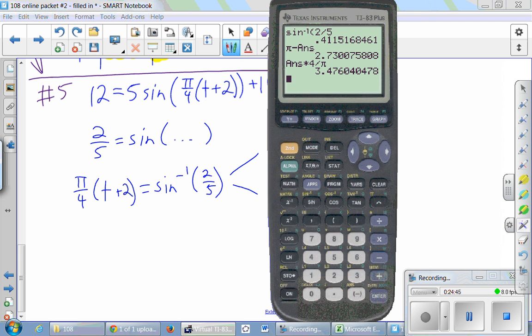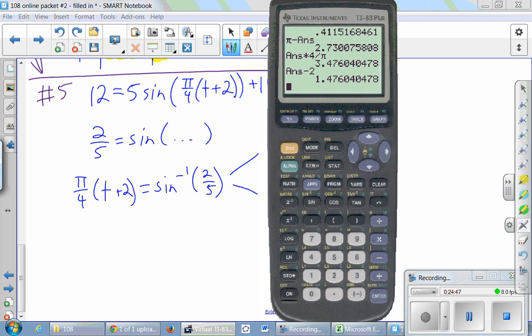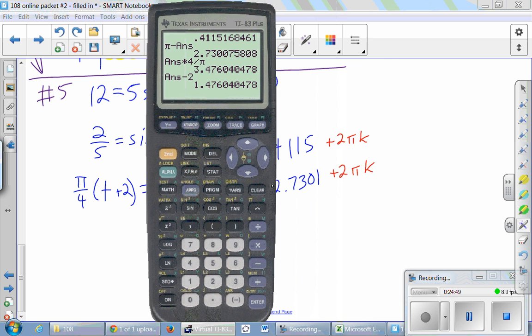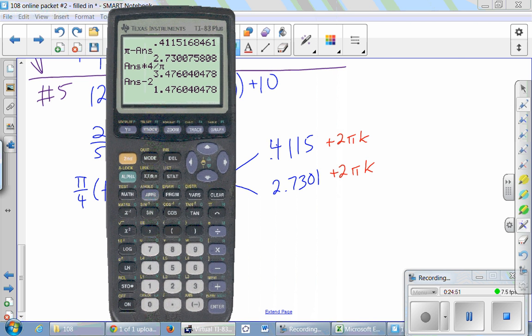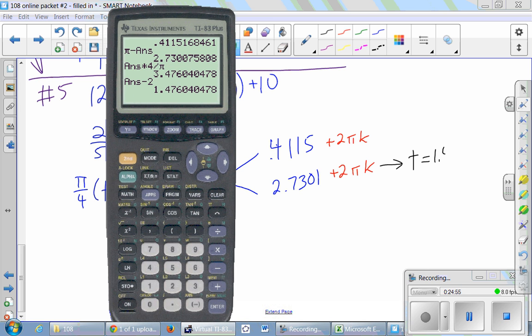And then we're going to subtract the 2. And we get that. And so that right there is what the second set of solutions turns out to be. T equals 1.476 plus, and then the 2 pi k becomes 8k, just like it did up above. When you multiply by 4 over pi, it becomes 8k.